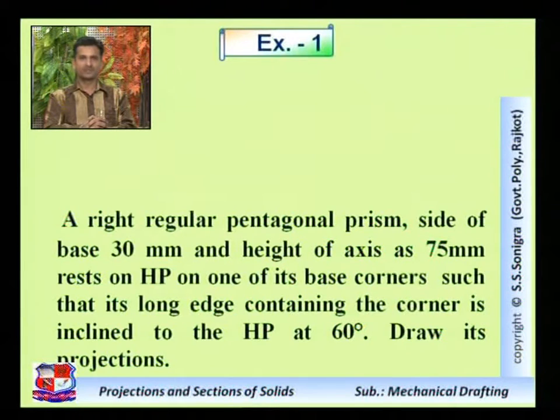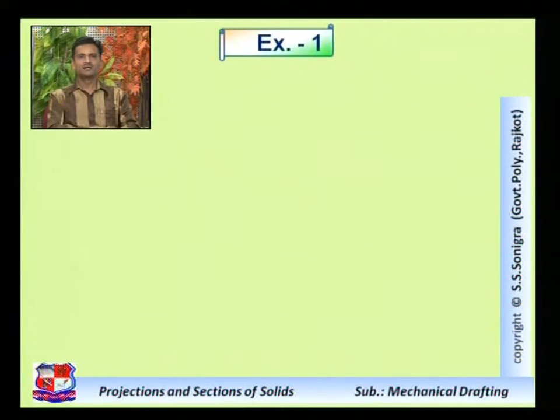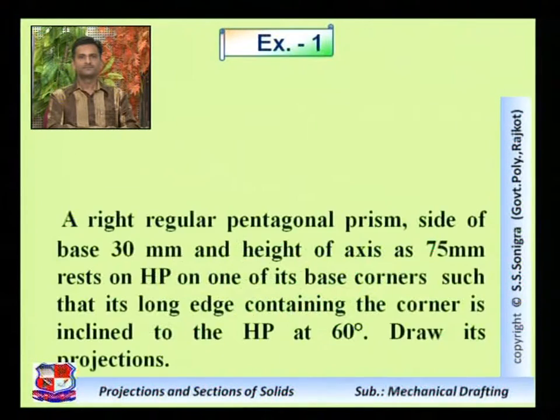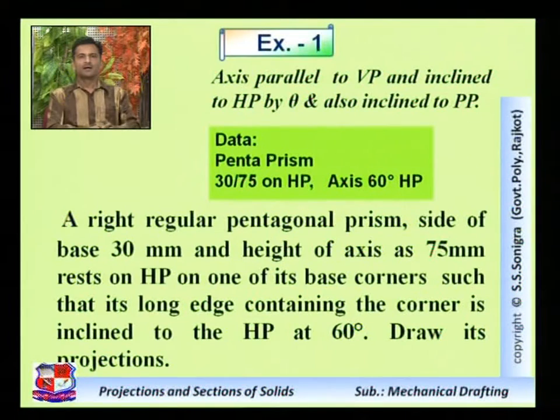Draw its projection. So here a regular pentagonal prism is given, and further it is given that the axis is parallel to VP and inclined to HP by theta angle, and also inclined to the profile plane.